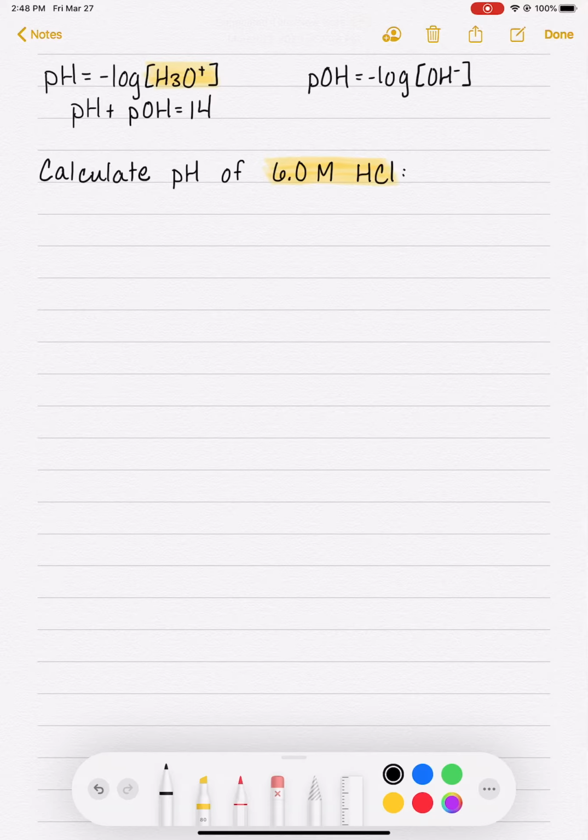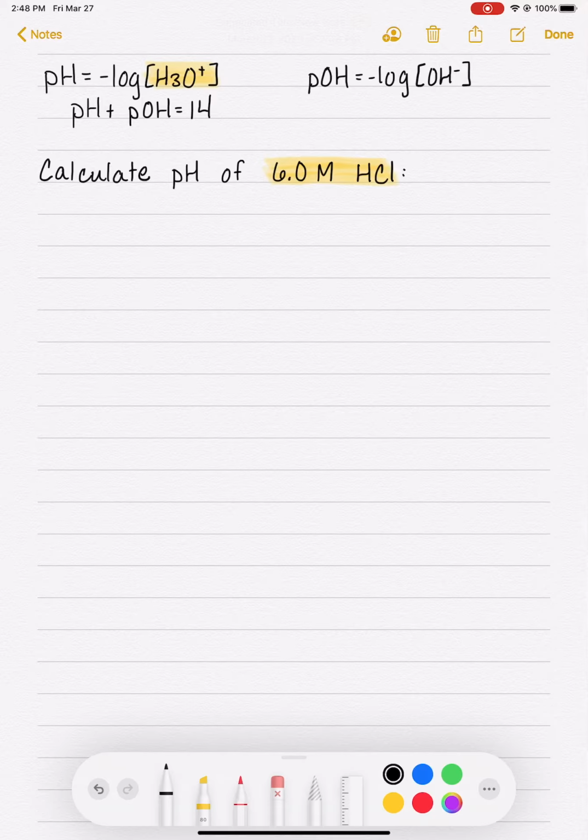So 6 minus 6 is 0, and 0 plus 6 is 6. And let's not forget why we were doing this in the first place. To calculate the pH of the solution, we need to know the H3O plus concentration. We just figured it out right there. So we have everything we need to answer this question.